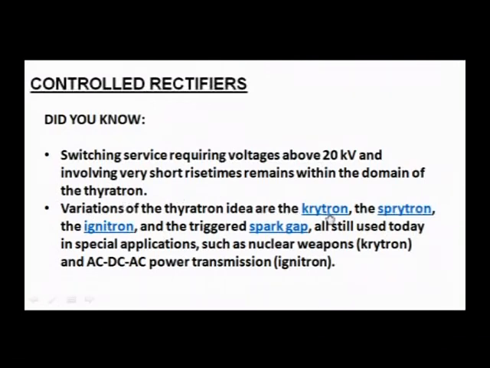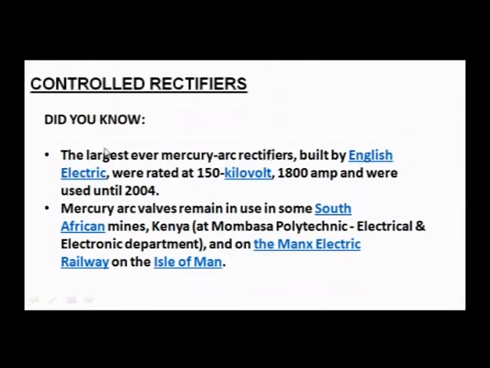There are certain very special devices, Krytron, Sprytron, Ignitron, triggered spark gap, which are used in special applications, nuclear weapons and AC to DC to AC power transmissions. The largest ever mercury arc rectifier was built by English Electric, 150 kilovolt, 1800 ampere, and it was used till 2004.